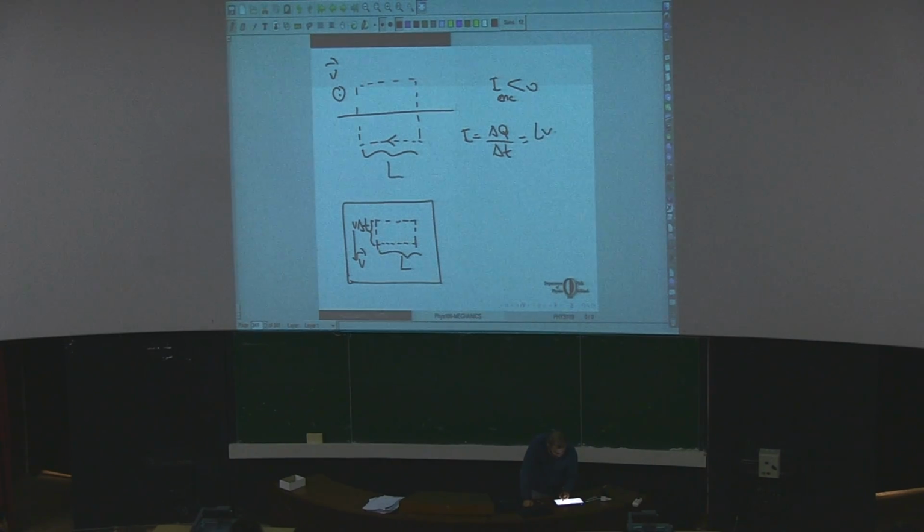L times V times delta T. Now, the surface charge density, we said that it is sigma. Sigma is the charge per unit area. So the total charge is sigma times this area. This is the total charge in this rectangle, but all of this charge passes through my loop in a time delta T. So the total enclosed current, that is the total current that is passing through my loop, is LV times sigma.